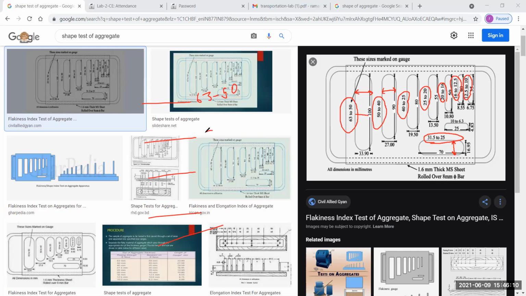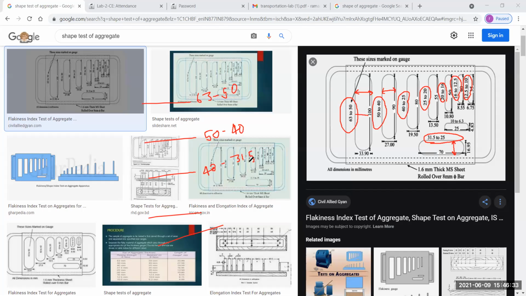From 50 to 40 you have 200 pieces. You weigh all the pieces and designate it as W1. You also have 40 to 31.5.